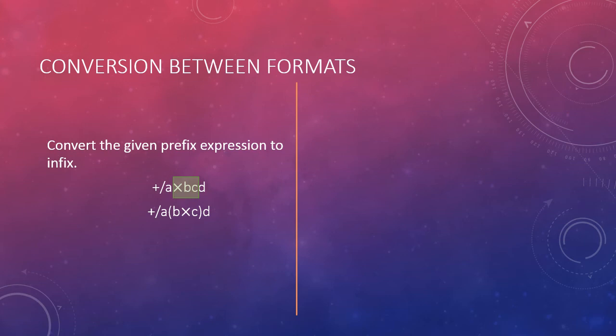The divide sign is followed by an operand A and another operand, B multiplied with C in brackets. This is the pattern that I am looking for, and the pattern in the bigger green box can be written in infix as A divided by B into C. Again I have used brackets.